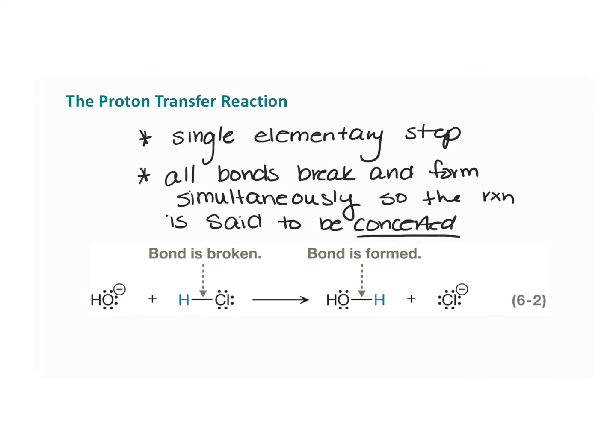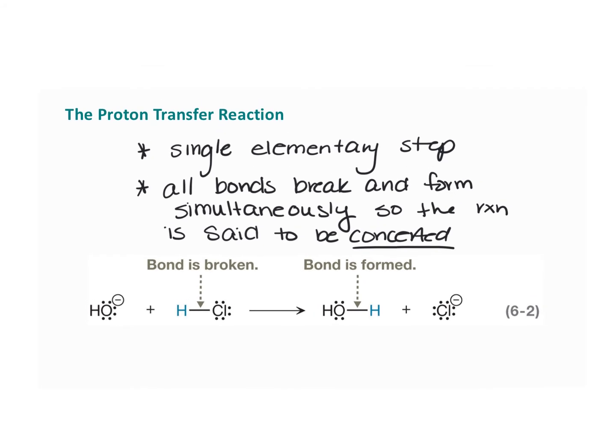When we look at this equation, we see a single bond is broken between the chlorine and the hydrogen, and then a single bond is formed between the hydrogen and the oxygen. One of the ways that we keep up with valence electrons, and where they go, is that we use something called curved arrow notation.